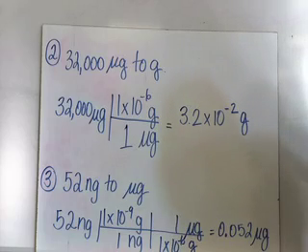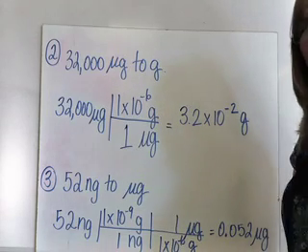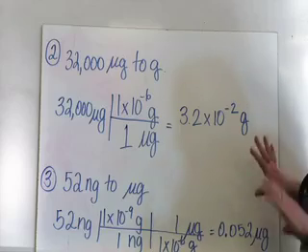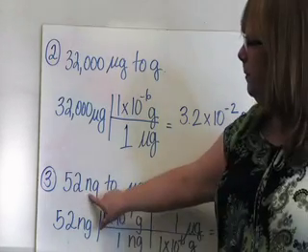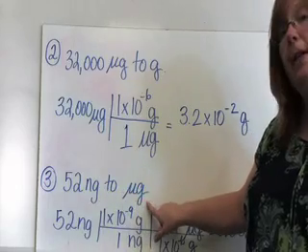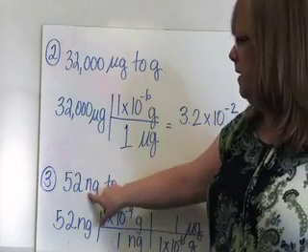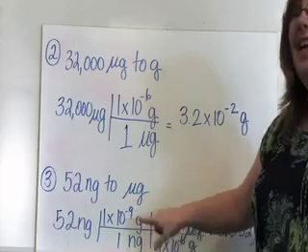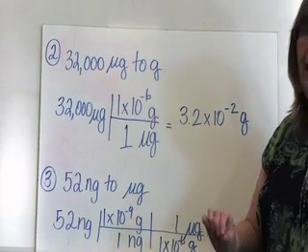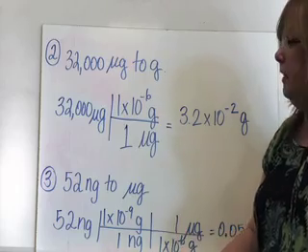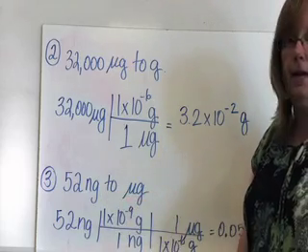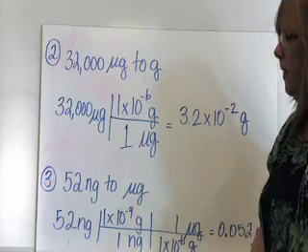The next problem is the hardest problem we'll have in this particular unit with prefixes. We're changing from one prefix to another prefix. We're going from nano to micro. And we did not memorize or learn any type of a conversion factor between nanograms and a gram, and a microgram, I'm sorry.